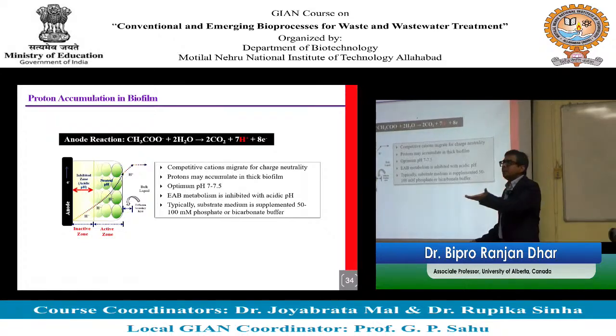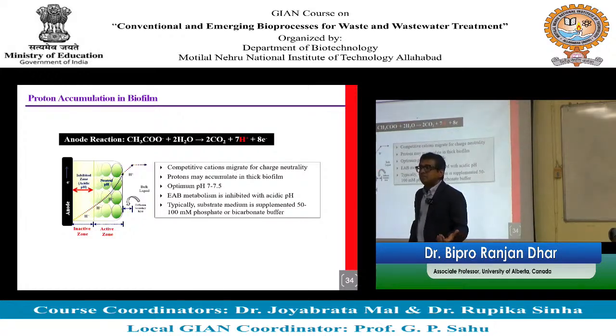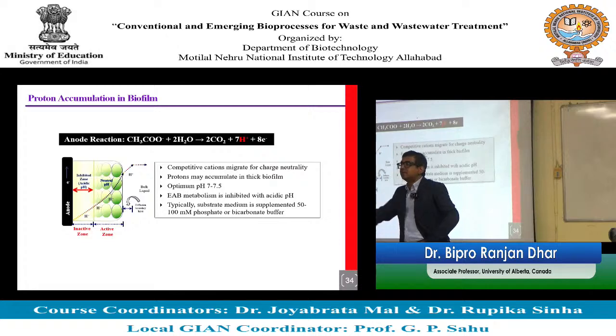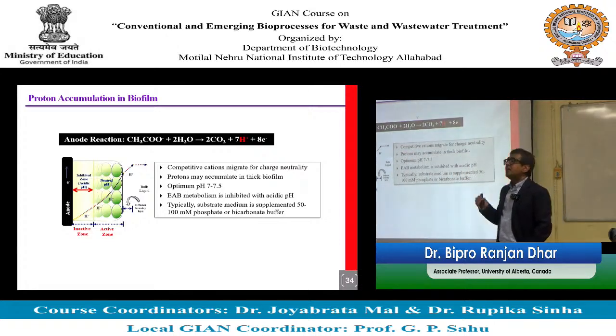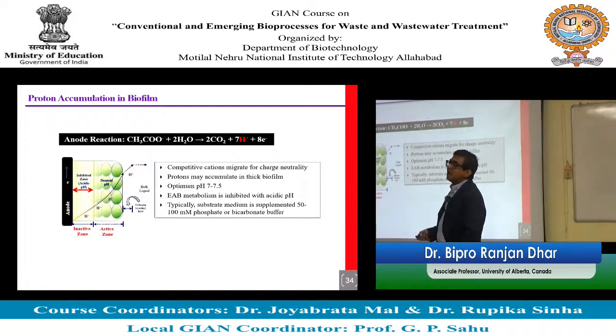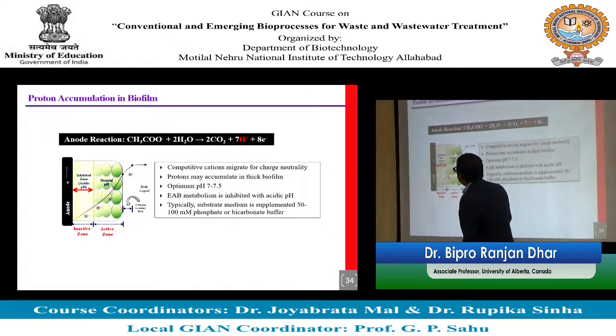So what would happen if protons accumulate in the biofilm? It's going to increase or decrease your pH? Decrease, right? If you have a higher proton concentration, then your pH is going to decrease. But those microbes prefer neutral pH, right? Now let's say some microbes are in the inner layer of the biofilm, and some microbes are in the outer layer.